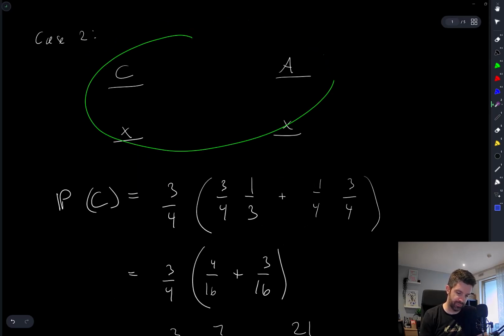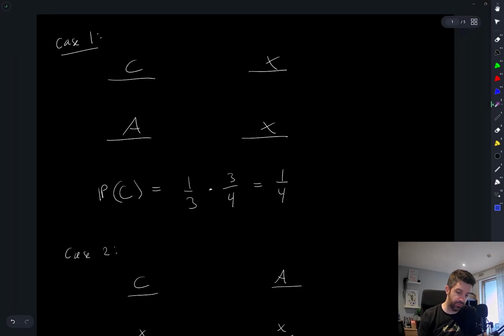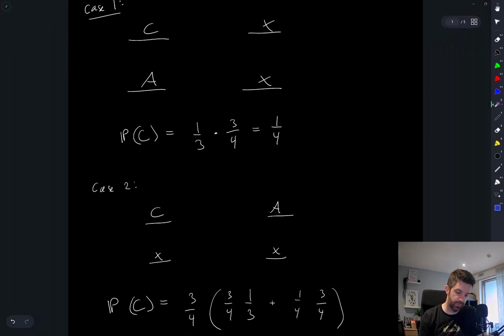If the starting arrangement looks like the other one, 21/64. And these are the only two starting arrangements, because the X is a placeholder for anybody other than Carl and Azar. Either Carl faces Azar in round 1, or he does not. The probability of facing Azar is 1 in 3, right?